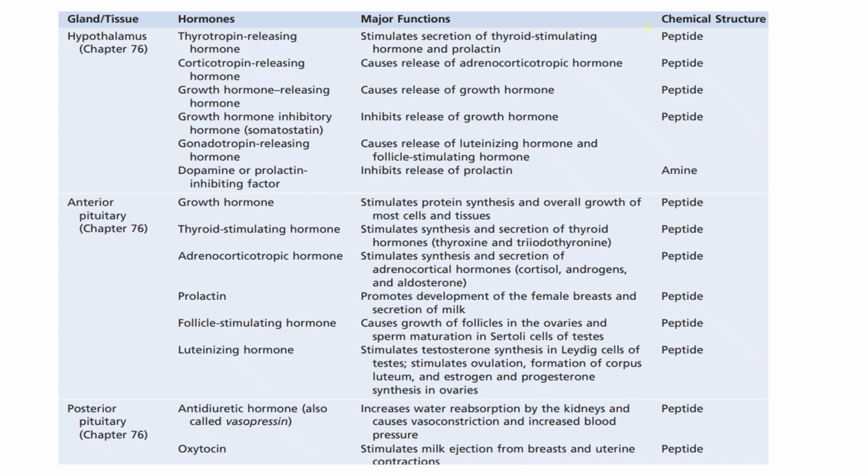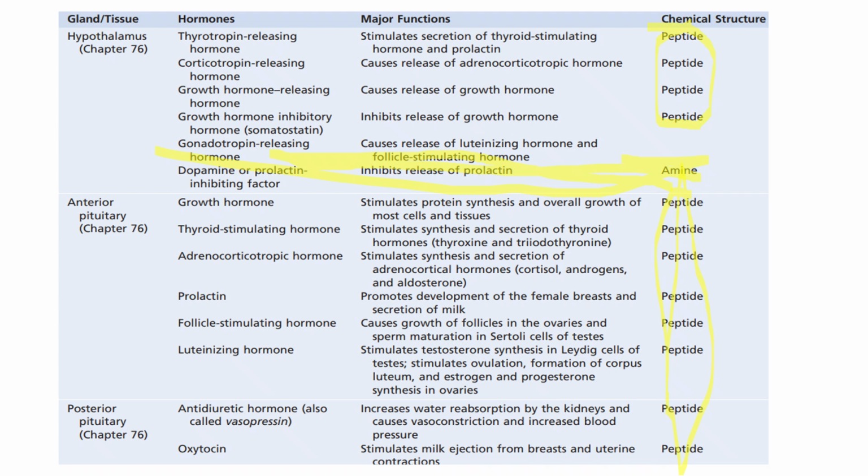Most of these hormones are peptides acting through membrane-bound receptors. Dopamine is unique among these. It is listed as an amine and functions primarily by inhibitory modulation.